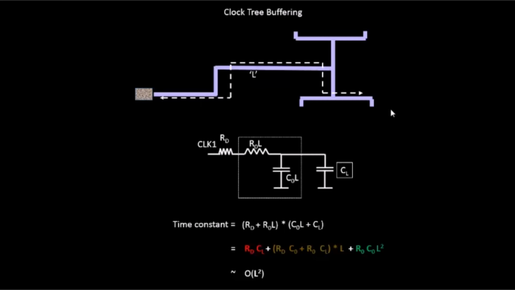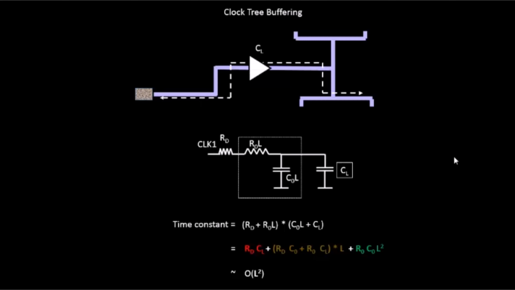The larger the L, the square of that L is the amount of time it will take. So the impact is not L, it's L square. This slide is basically the reason behind the bad transitions in the clock tree.